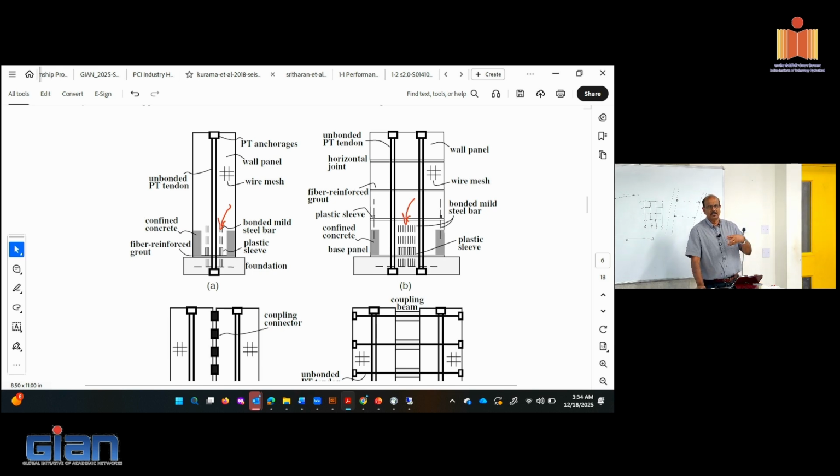Nobody argued that you must have 25% or 35% damping, or nobody designed the structures for damping. They designed for movement resistance. Damping came along with it. In these cases, you can manipulate how much damping to put in, right? So if you want to have less damping, put less mild steel, more pre-stressing, or vice versa.